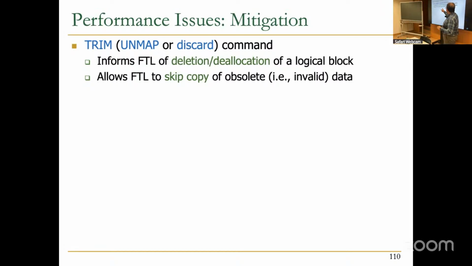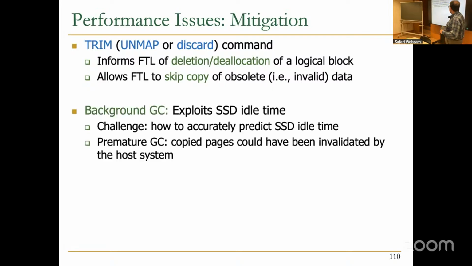But with the trim command, when you deallocate or delete something, you can inform the SSD that these pages are not valid anymore. So then the SSD does not need to copy them through garbage collection. With the trim command, you can inform the FTL to skip copying obsolete or invalid data, essentially. So you just switch the bits to invalid.